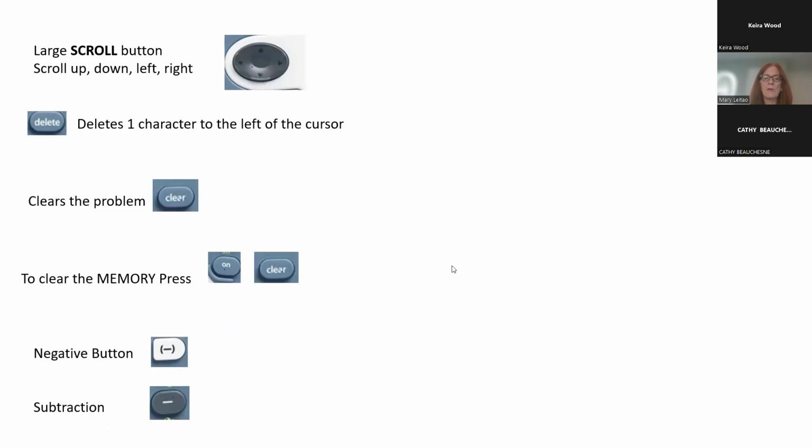And then to clear the memory, because I said that's important at the beginning in case somebody has put something in the memory. Usually the easiest way to do it on a handheld calculator is to press the on button and the clear button simultaneously at the same time. For some reason, this TI-30XS emulator, which is like an on-screen calculator, won't allow me to press two buttons at the same time.